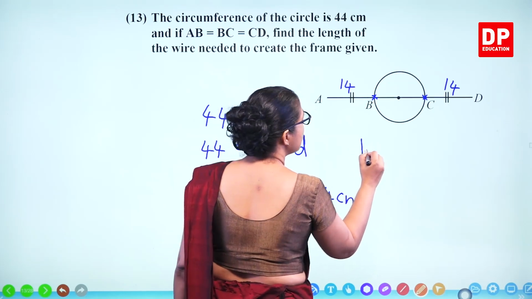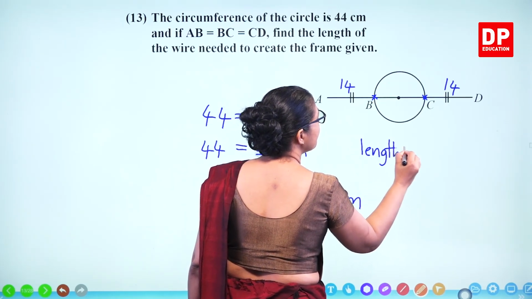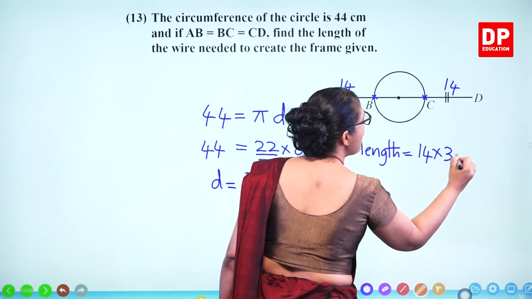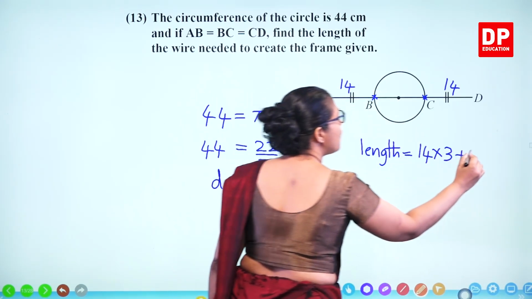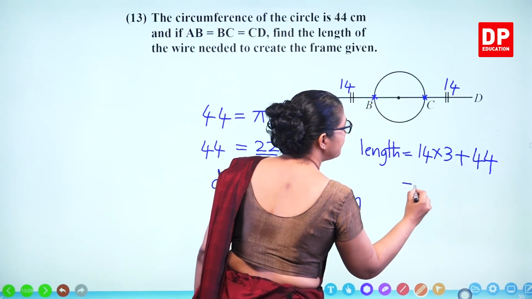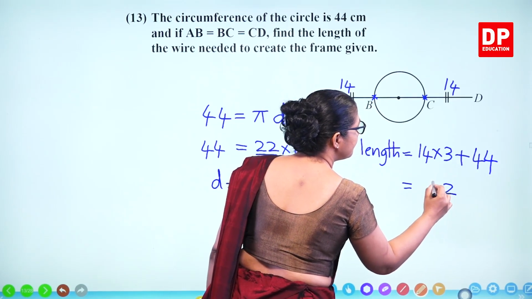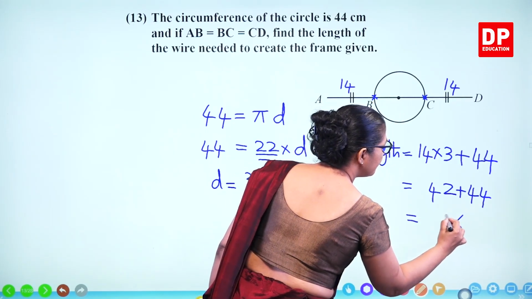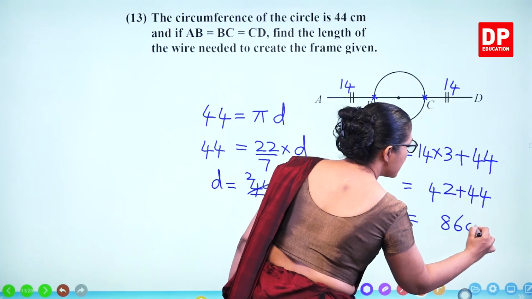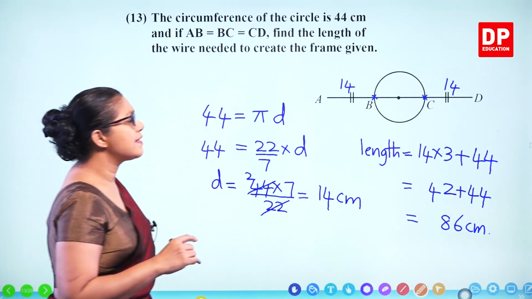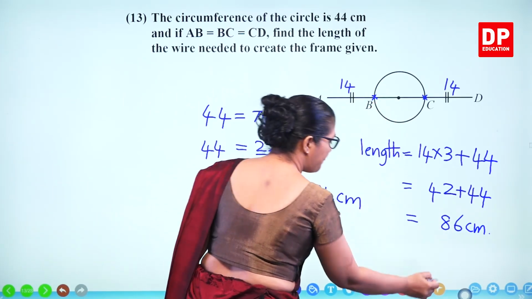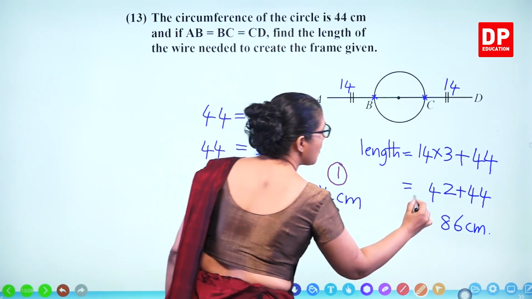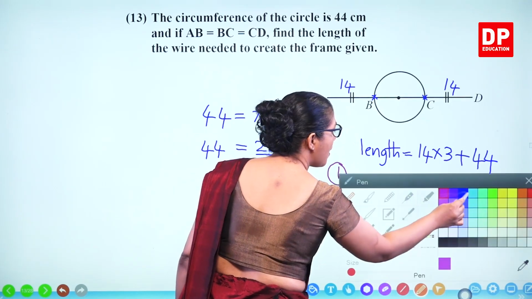So what's the total length? 14, 14, 14. 14 times 3 plus the circle, you need 44 centimeters. 42 plus 44. What's the length? 86 centimeters length you need to create this frame. So 2 marks. 1 mark for the answer and 1 mark for the whole method.